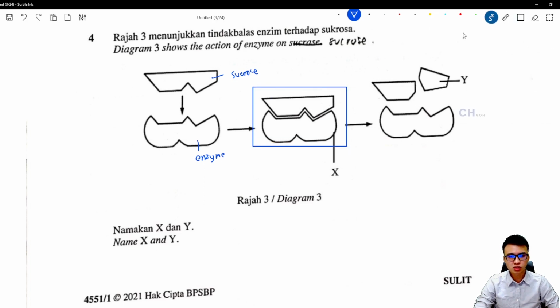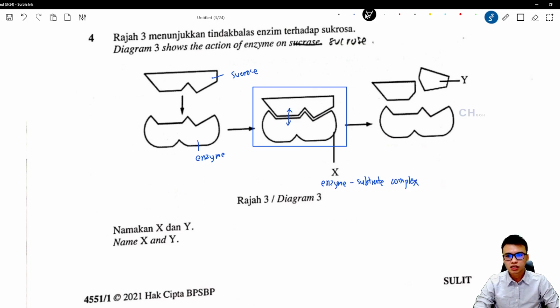Why is it referring to the whole thing here? Because this sucrose is combining with the enzyme already, so it is the whole thing. We call it a complex, an enzyme substrate complex. Okay, this whole thing is called the enzyme substrate complex.